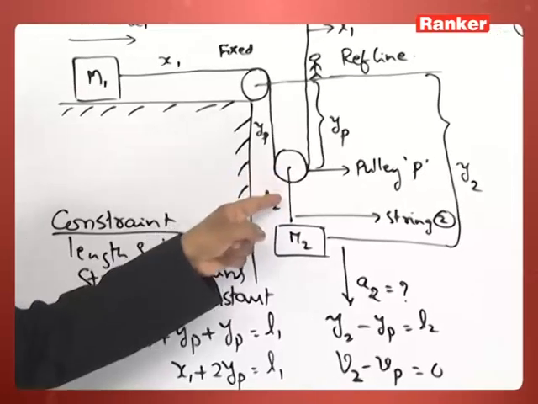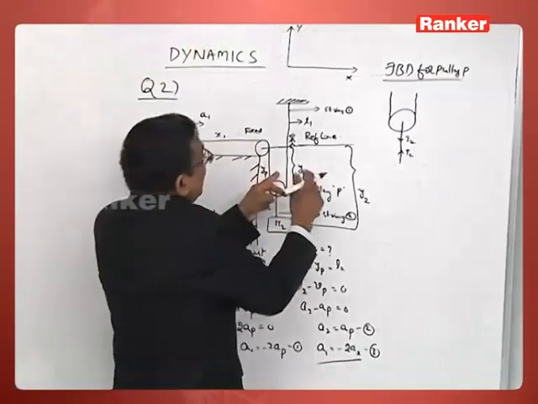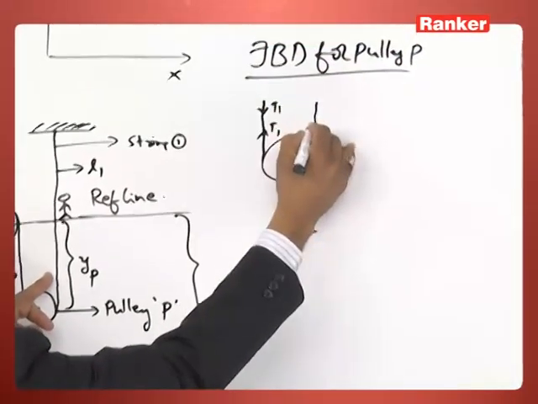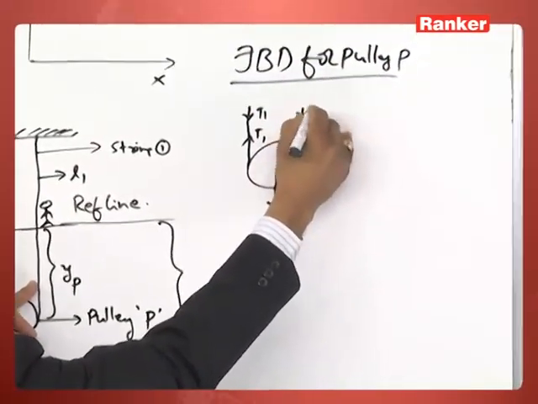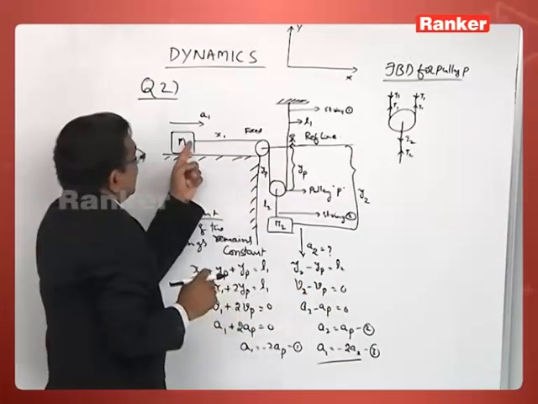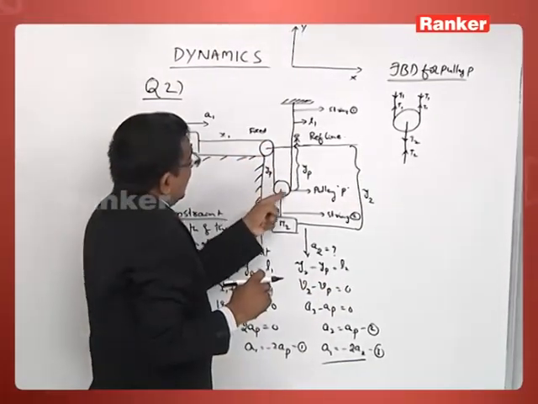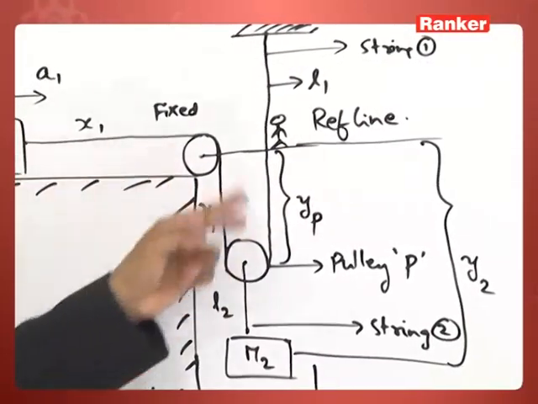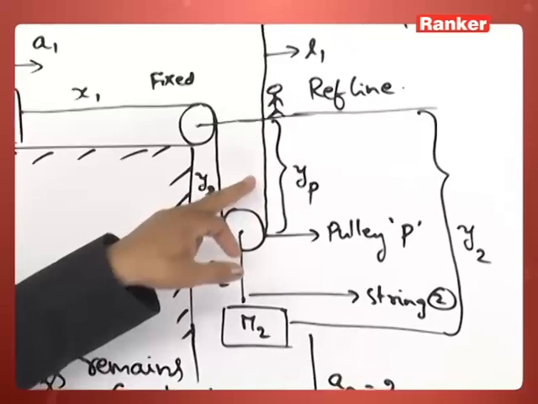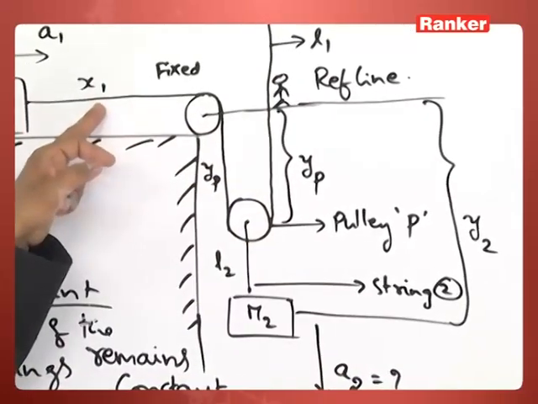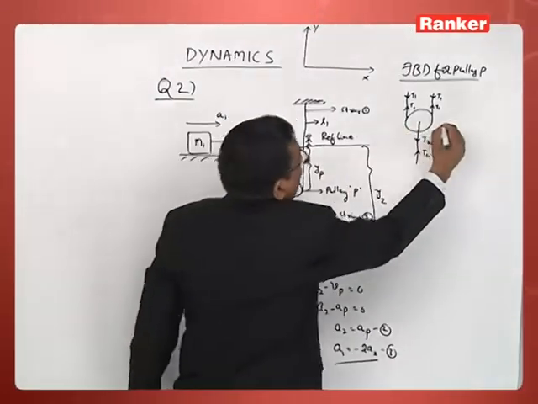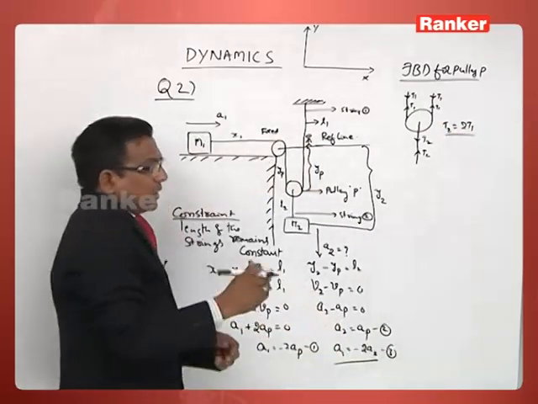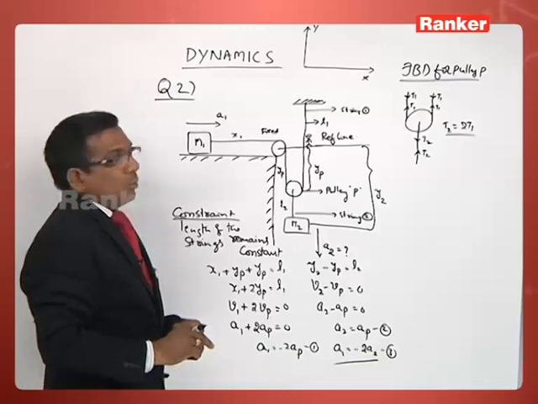Therefore, tension T2 will be acting, and on these two sides tension T1 will act like this, because this is completely one string. You know, for an ideal string, when the pulley is frictionless, tension along the string remains the same. Therefore, here tension, here also tension remains the same. From this you can write T2 is equal to 2T1. This is one more equation that you have to remember: T2 is equal to 2T1.